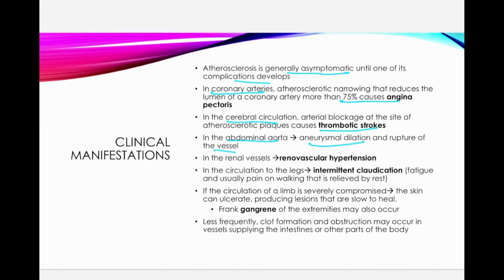If it's in the renal vessels, renal vascular hypertension. That's renal artery stenosis, lack of blood flow to a kidney. The kidney thinks, oh, I got less blood, let's kick some renin out, and it brings your blood pressure really high. If it's affecting the legs, intermittent claudication.